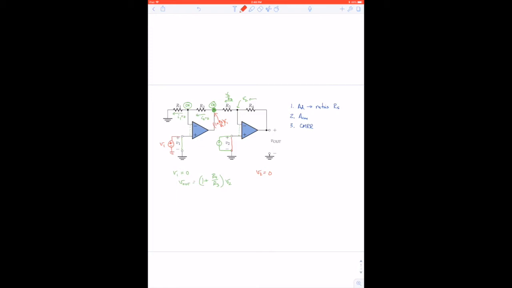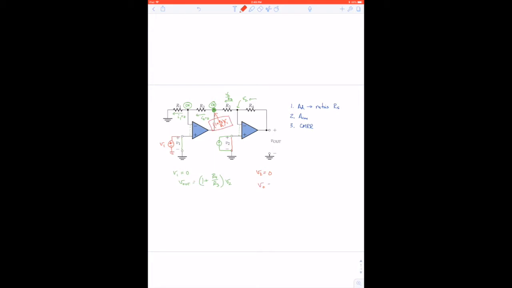And if you didn't see that, you can solve the virtual short circuit as well, just like we did in class. And so if that's the potential at the output of the first op-amp, the second op-amp is just the inverting configuration with this as the input potential.